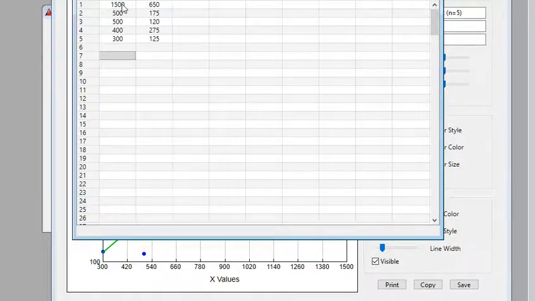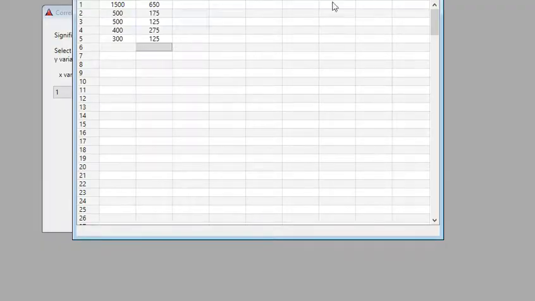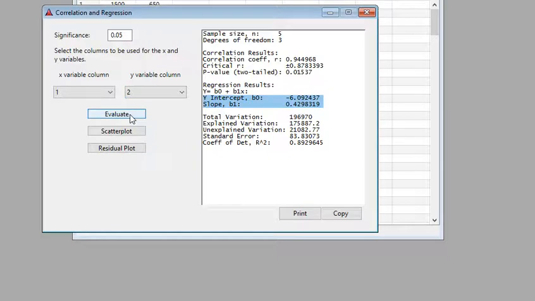Okay. Let's see if that matches now. Let's close this out. All right, so it does make a bit of a difference in our line. Let me cross out that old one. Thanks for spotting that.